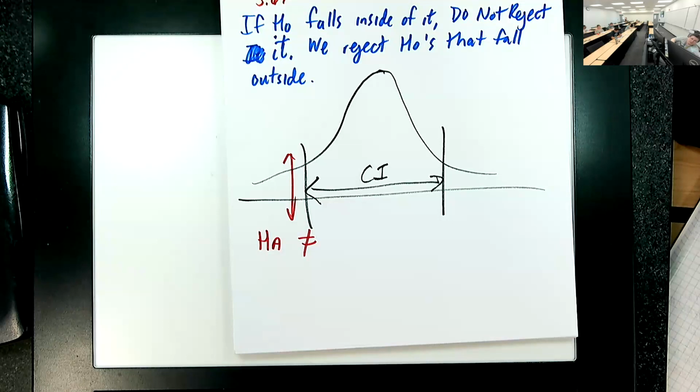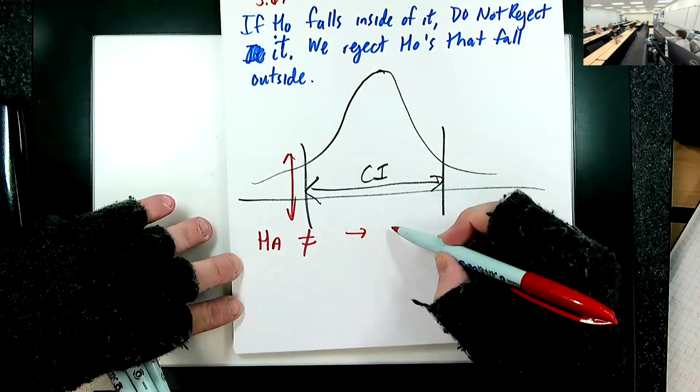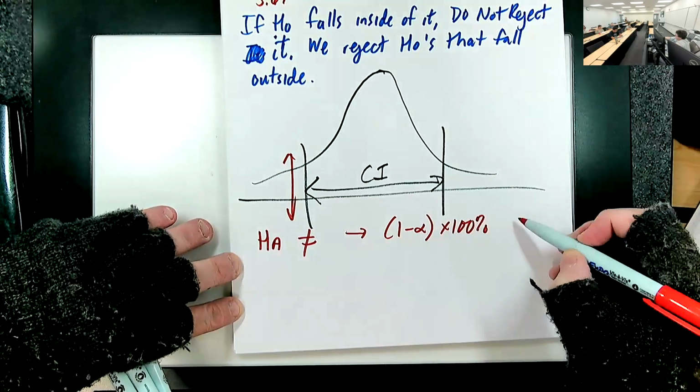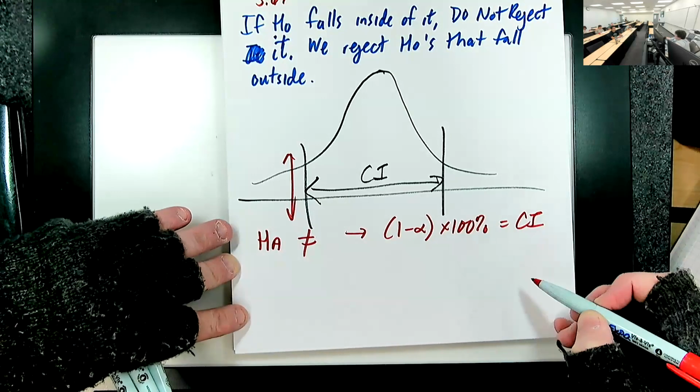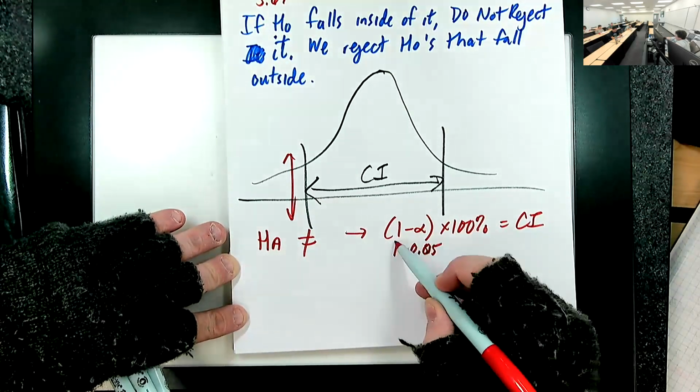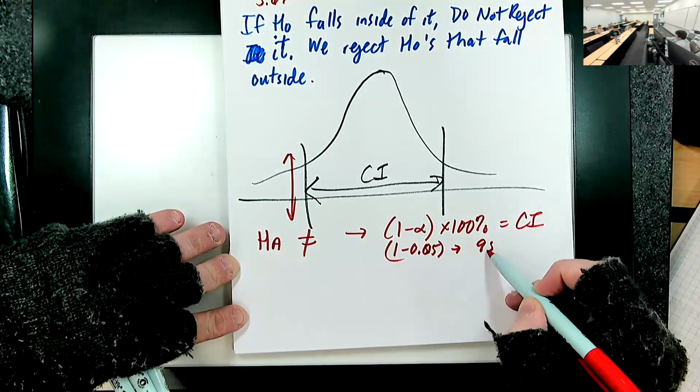How do you know what to put it at? For not equals, 1 minus alpha times 100% is our CI. So if alpha equals 0.05, this becomes 95%.